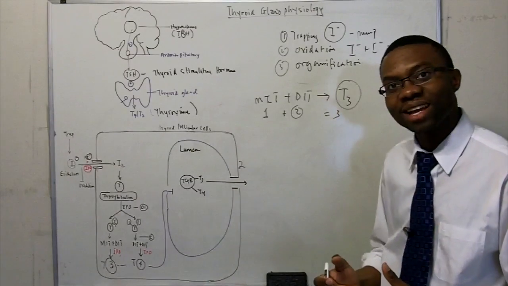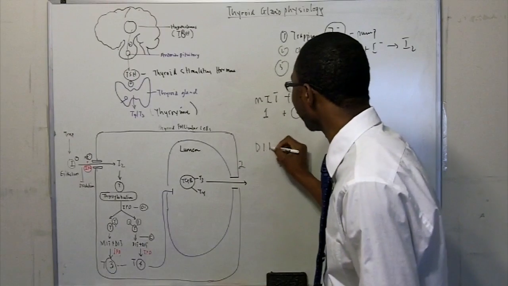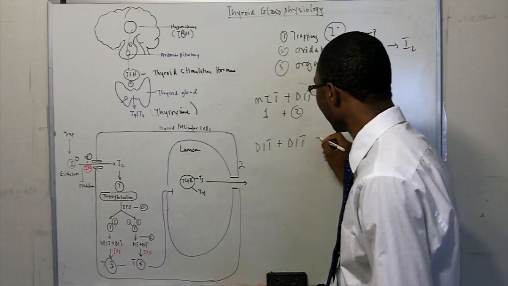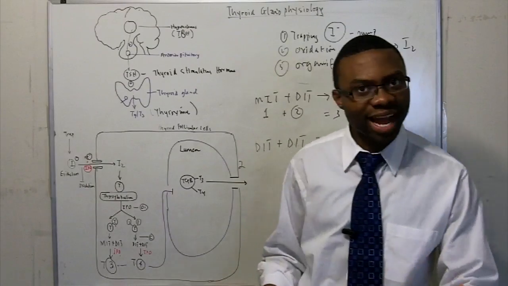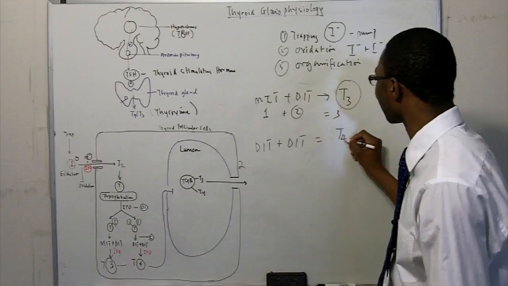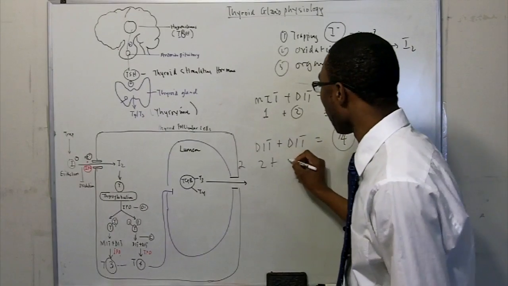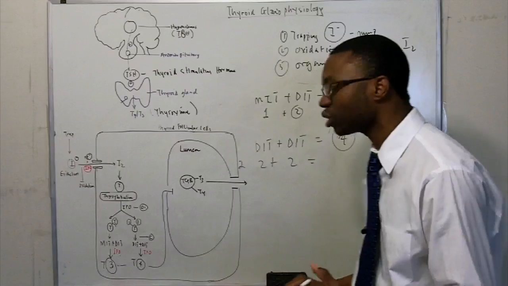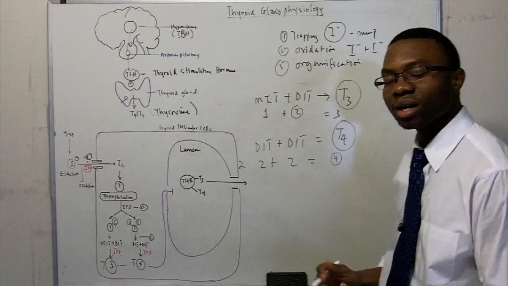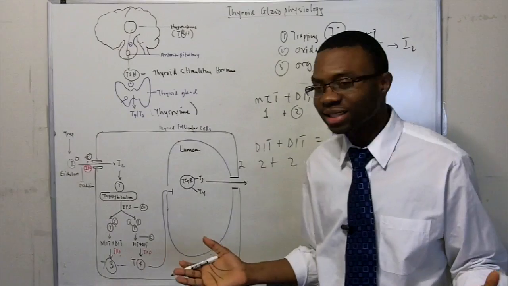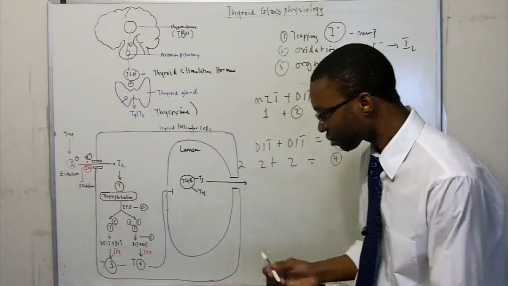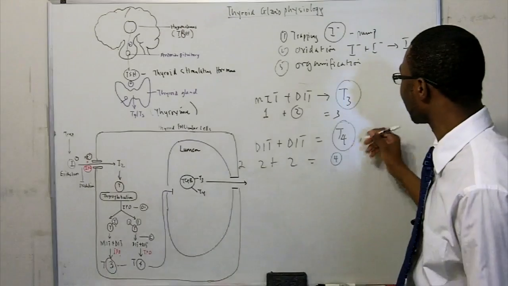MIT plus DIT. If we take two DITs, we form what? Four iodines. That's the same thing as what? T4. If all you know how to count is 2 plus 2, basic math, you get a 4. That's it, guys. Very straightforward. That's how we made T4 and T3.